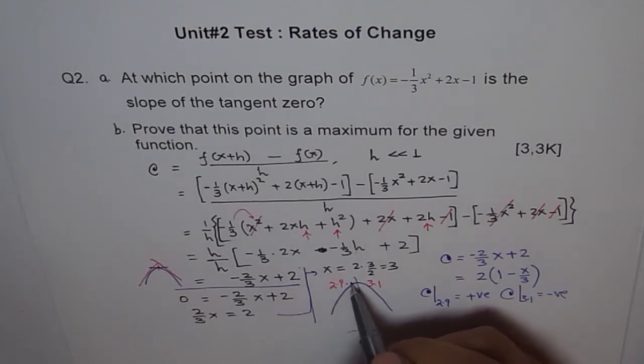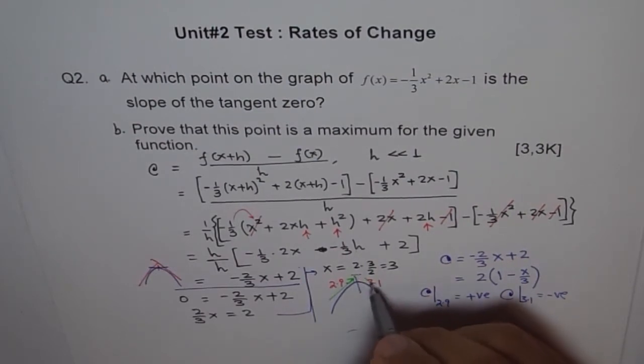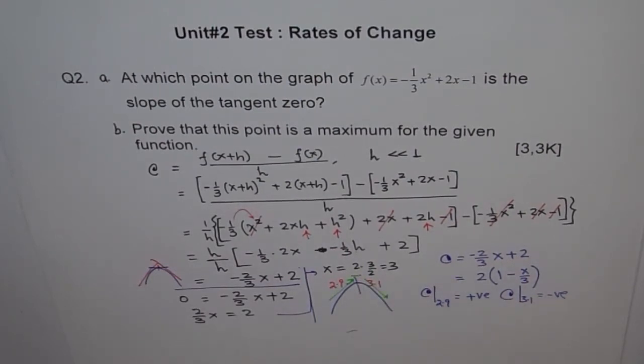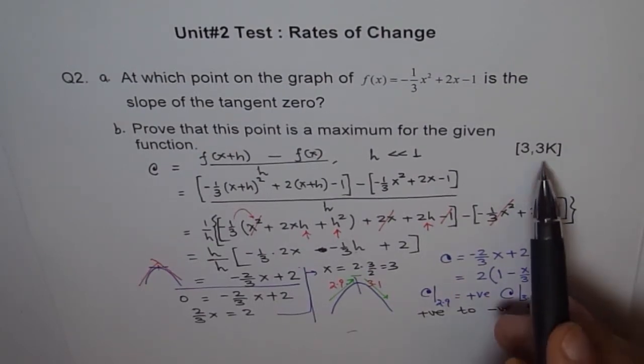So we found that the slope here is positive, here of course it is 0, and then negative here. So if my instantaneous rate of change changes from positive to negative, then we have a maximum. That is the explanation for these 3 marks.